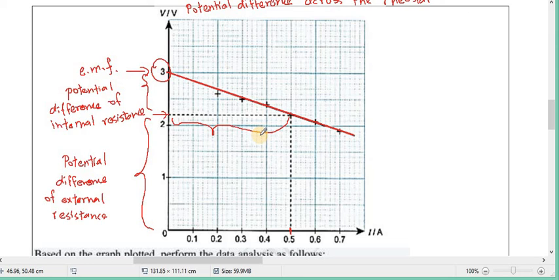So the current that passes through the external resistance is of course the same as the current that passes through the internal resistance. So this is also the current of internal resistance. Okay, get the idea?